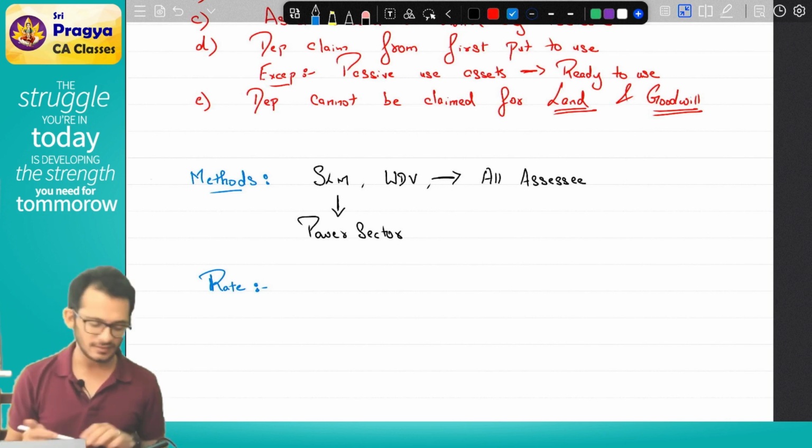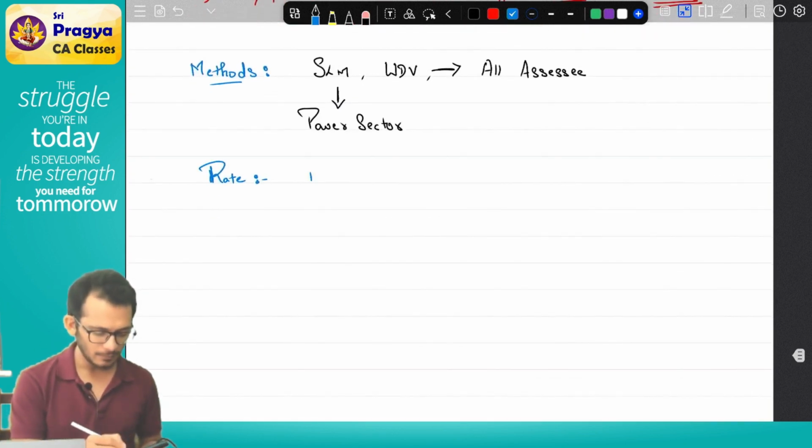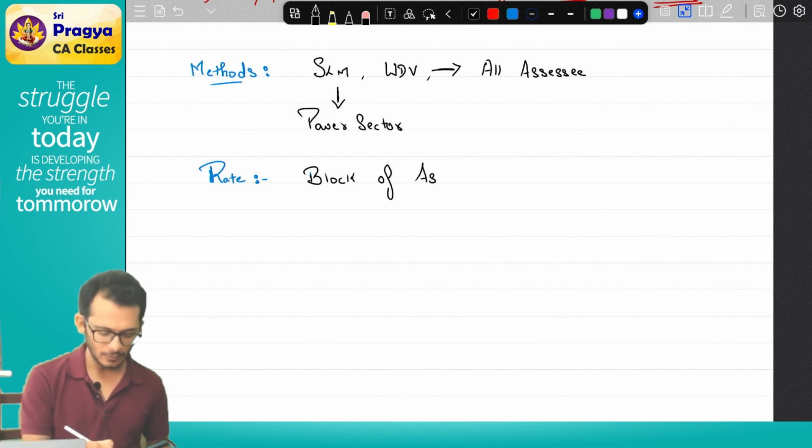I want consistency. So they introduced this concept called block of asset. Rahul, what do you mean by block of asset?